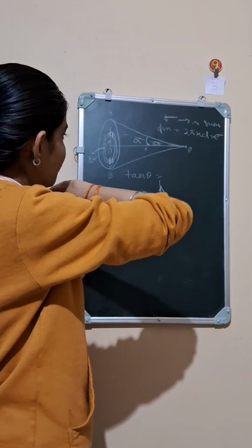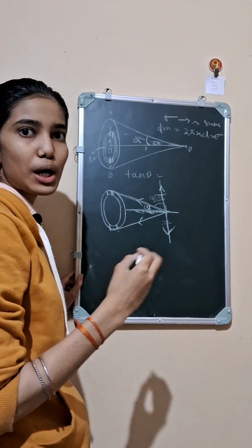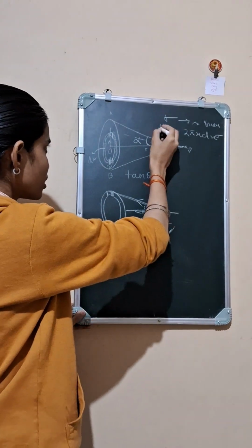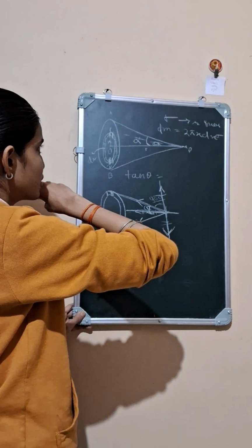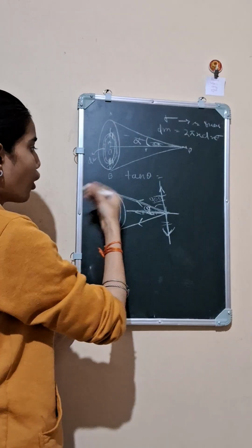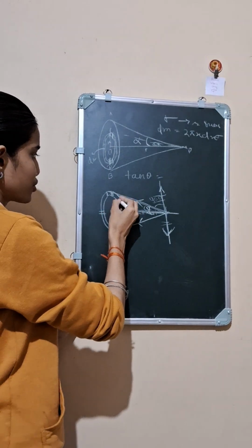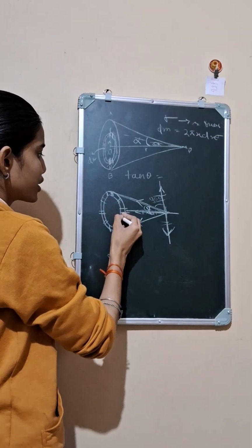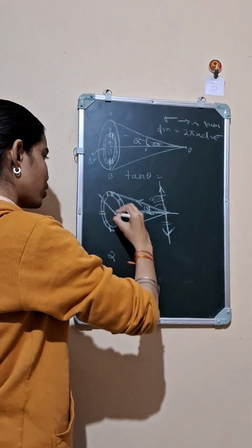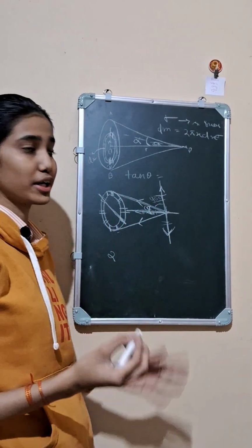So now what is the formula of field? It is Gm by r square. So we can write that the potential due to this ring will be equal to, and this thing will happen for all of the elements. This will have an opposite element here, and all the diametrically opposite elements, opposite along the diameter, will obviously cancel out this vertical component.